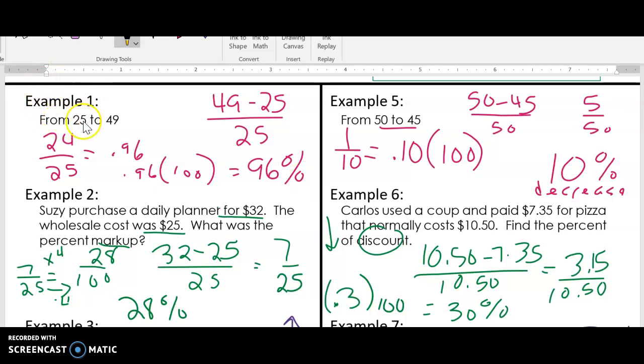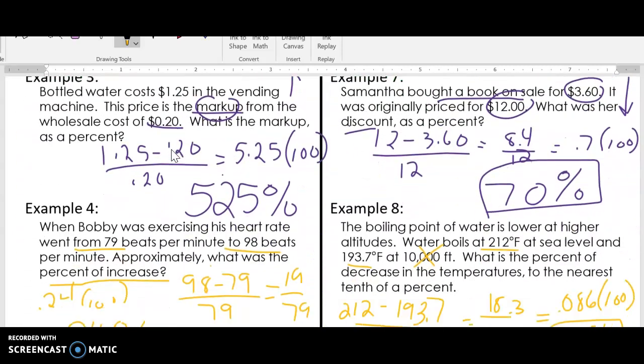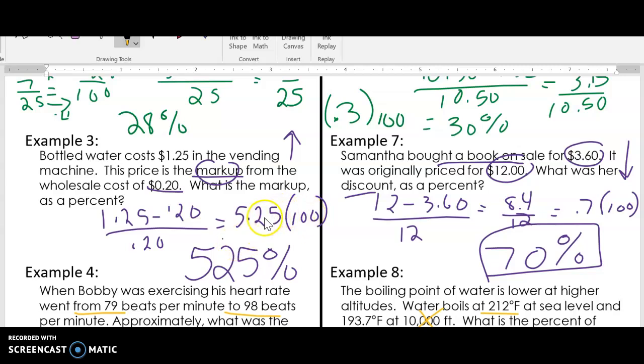If I went from 25 to 49, 25 was my original. So your assignment is going to have some percent change problems. Please show your work, and make sure at the very end, notice every time at the very end, I would have a decimal, and then I would have to multiply it by 100 to get the percent.